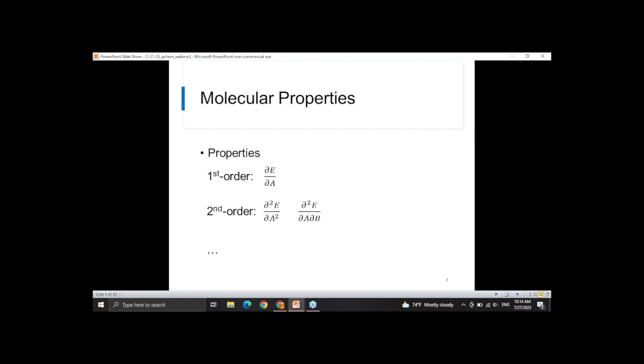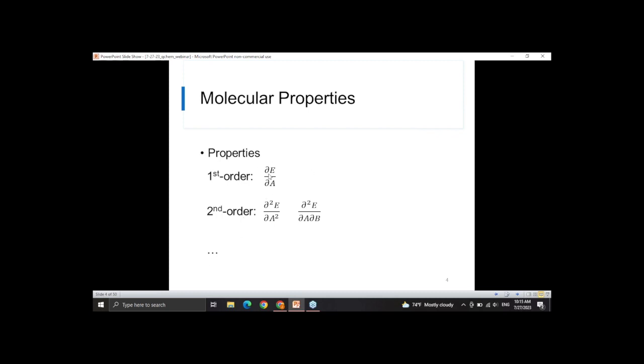So yeah, let's start from the top again. Right, so in general terms, we talk about molecular properties. These properties are defined by energy derivatives. So we have different orders of these properties, first order, second order, and so on.